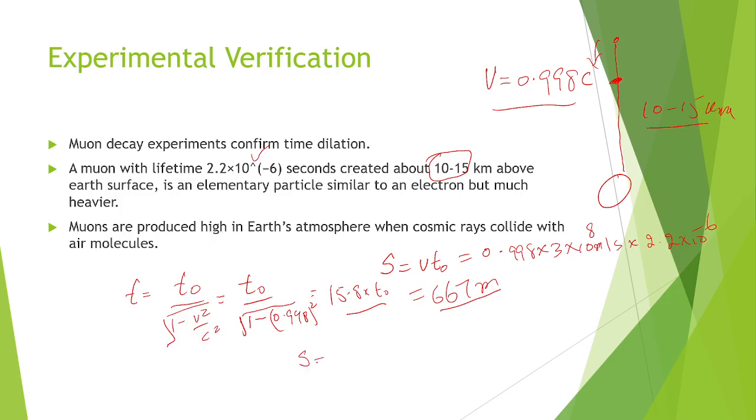how much distance does the muon cover? In fact, that is vt with this time. So v is 0.998 c meter per second, and time is now this one: 15.8 times t naught, where t naught is 2.2×10^-6 seconds.